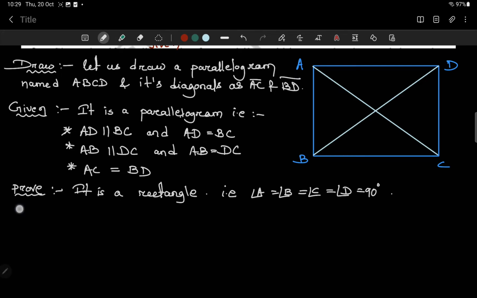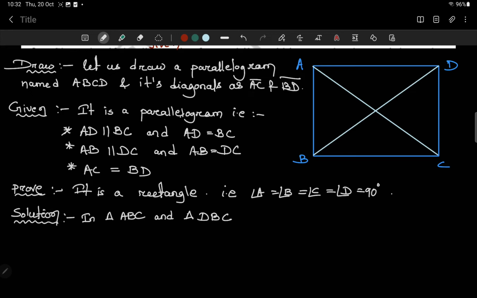So now we will do the solution. See here. Now we'll take two triangles. Which triangles will we take? Triangle ABC and triangle DBC.